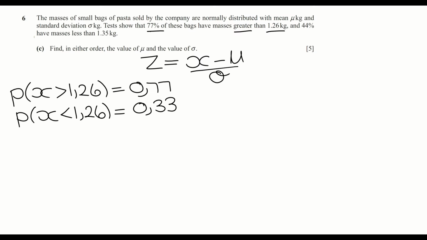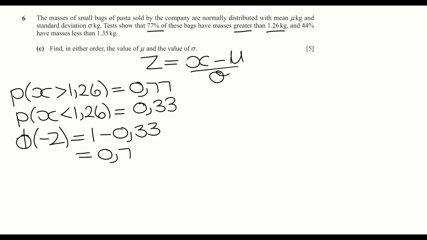Now we cannot find 0,33 in our normal distribution table, but a value smaller than 0,5 tells us that our z value will be negative. So now I can say probability of a negative z value is going to be 1 minus 0,33, which we know is 0,77.